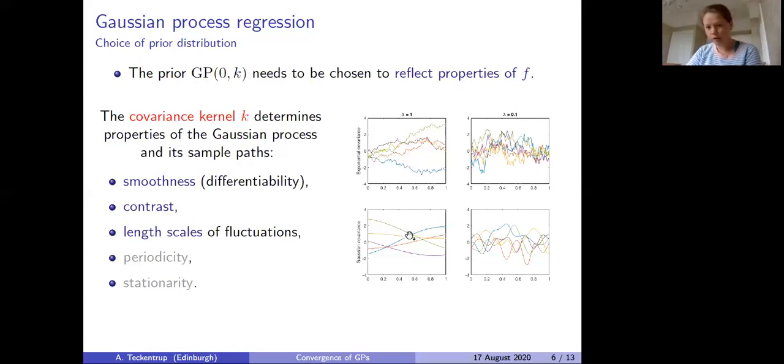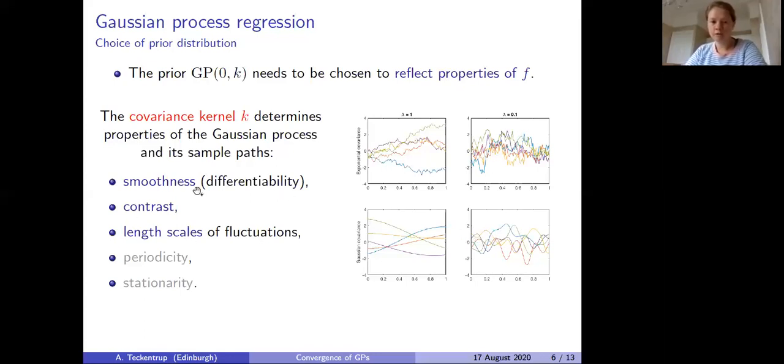In this example here, for example, there is quite a long length scale. So you only get fluctuations or variations on very long length scales, whereas this Gaussian process here has a shorter length scale, and so you can see that the length scale at which you get fluctuations is a lot shorter, and you get a lot more fluctuations over the same domain.